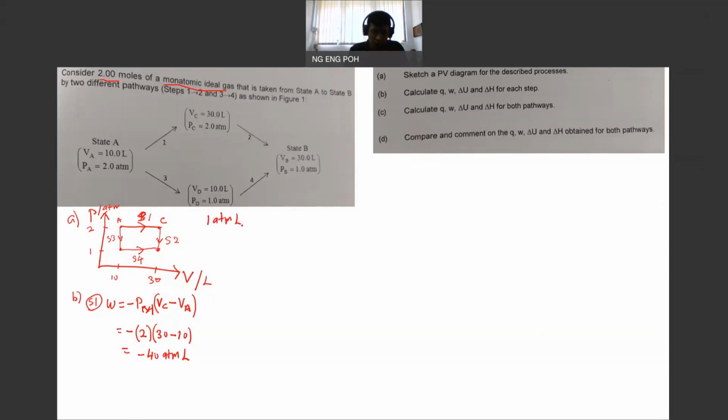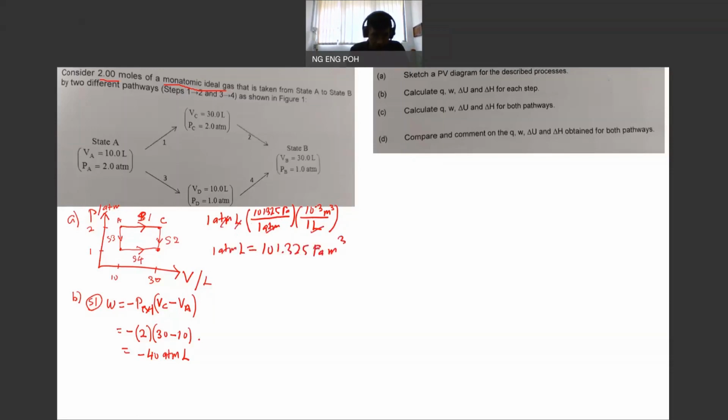If you want to convert to Pascal meter cube, 1 atm liter equals 101.325 Pa meter cube.